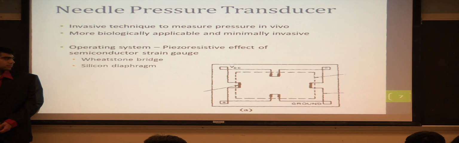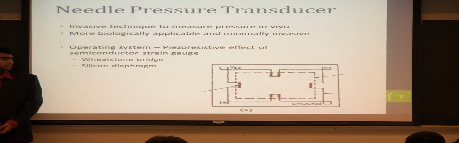So basically, this image right here is a basic circuit of a sensor. This dotted line is the silicone diaphragm, and these four are the piezoresistors, and all of those are attached in a Wheatstone bridge.